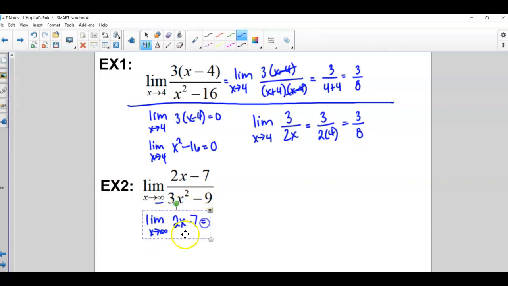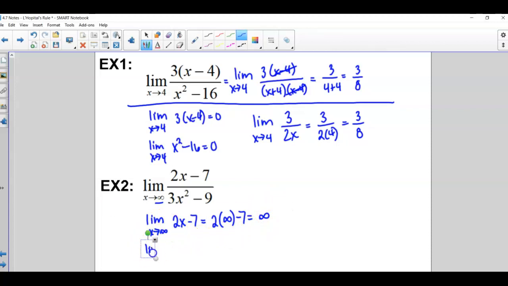Now look at this. This is a little bit different. You're going to get 2 times infinity minus 7 whenever you plug in infinity, if you can. I mean, you really can't. But 2 times infinity would be infinity, and then you could subtract 7, but it's still infinity.